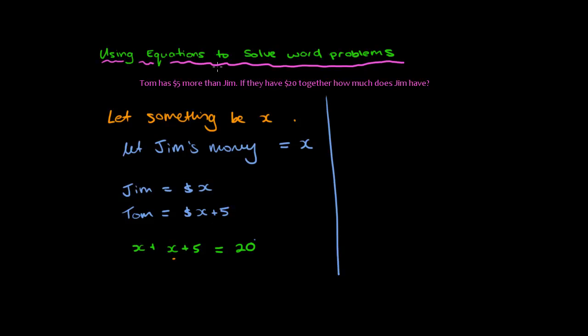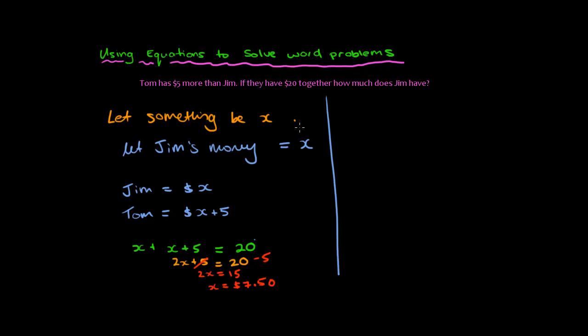Well, x plus x is 2x plus 5 equals 20. This becomes a two-step equation. How do I get rid of the plus 5? Well, we take 5 away. So 2x equals $15. So x equals $7.50.